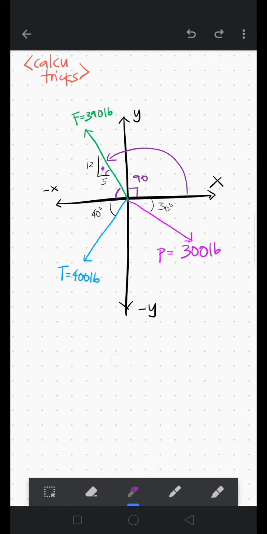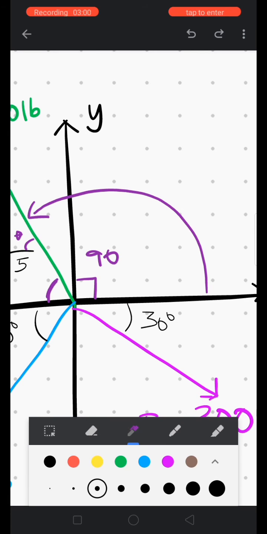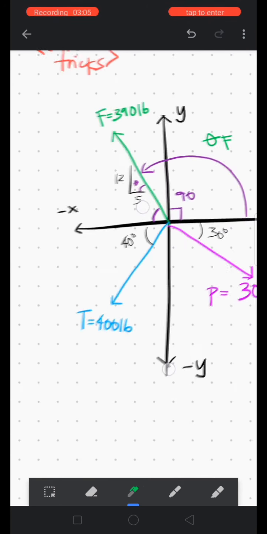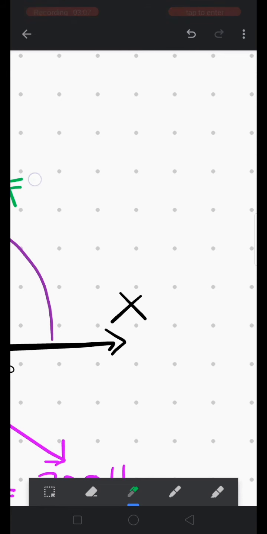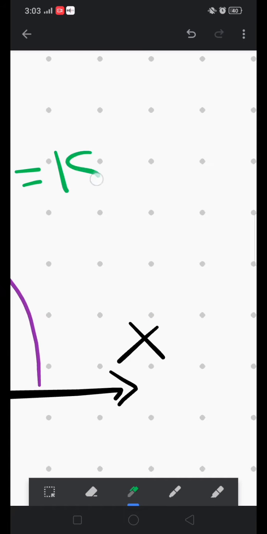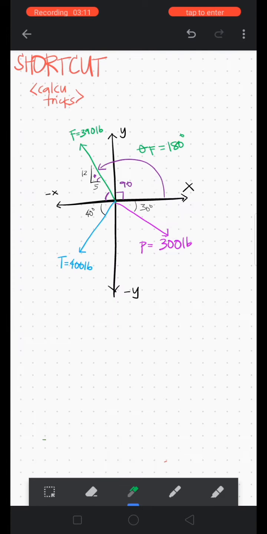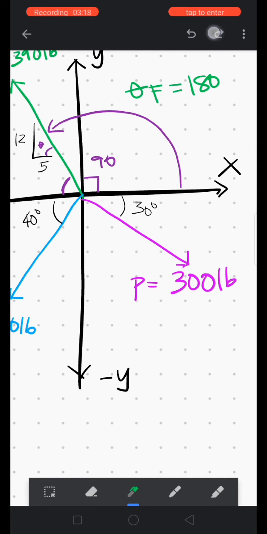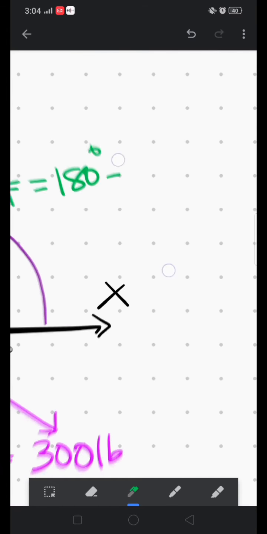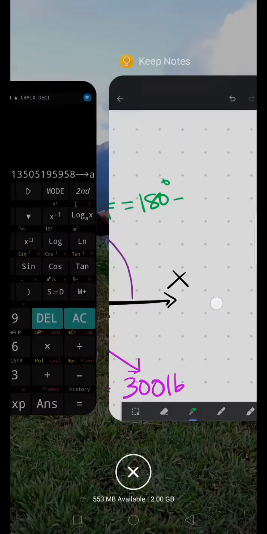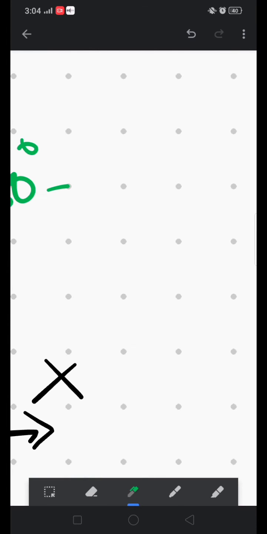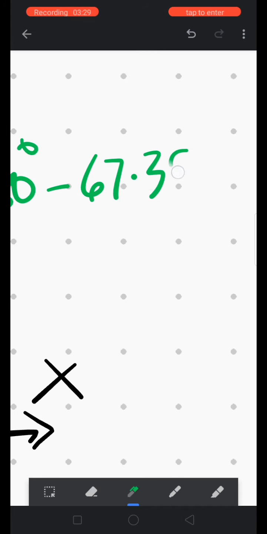Therefore, the angle we will use to denote F is going to be 180 degrees minus this angle, 67.38 degrees.